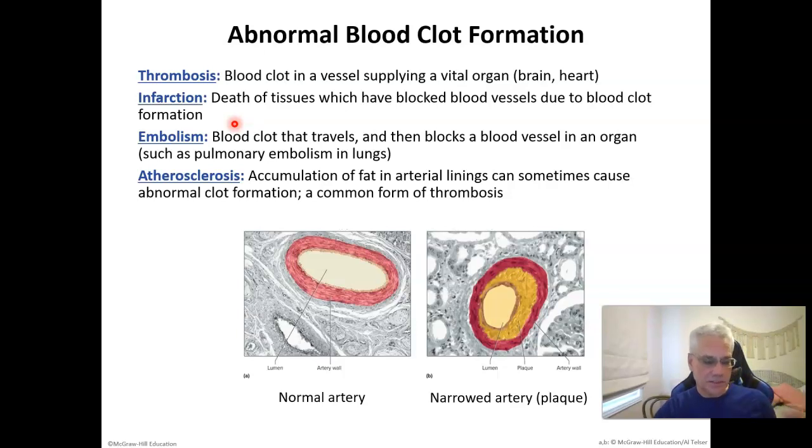An infarct is where the tissues are dying past the stoppage of blood. So a myocardial infarct is occlusion of a blood vessel in the heart, and the tissues beyond that blockage point start to die. When they start to die, we say they become infarcted. Atherosclerosis is the accumulation of this fatty cholesterol plaque underneath the endothelial lining, and it begins to close off or narrow the lumen.